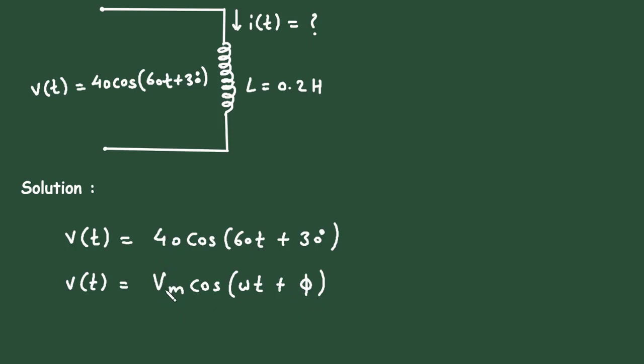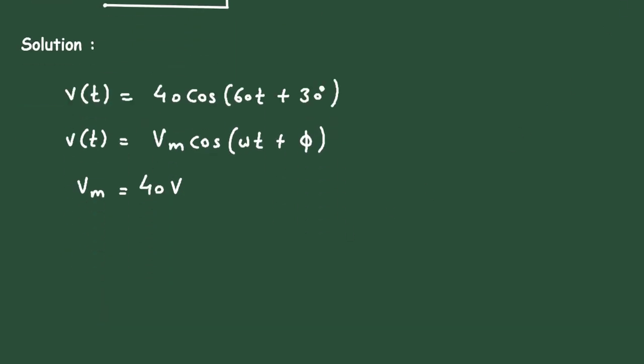So from this we can say Vm is equal to 40 volts, the maximum voltage or amplitude. Omega, which is the angular frequency, is equal to 60 radian per second, and the value of phi is equal to 30 degree. So here this is phi, which is the phase angle, it is 30 degree.